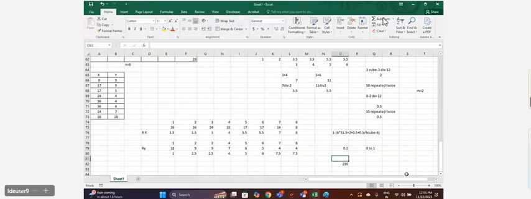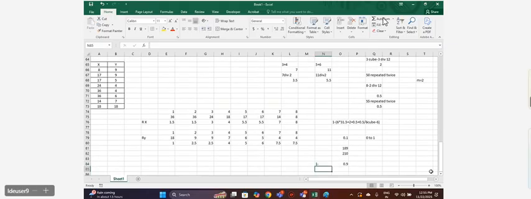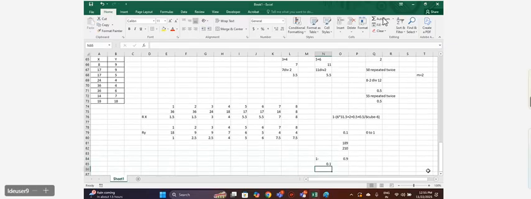So what is 189 divided by 210? That is 0.9. So 1 minus 0.9 is 0.1. That is correct. Whoever has got some other value, please check.